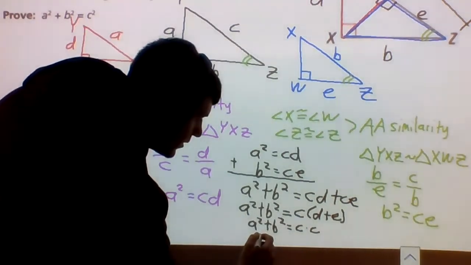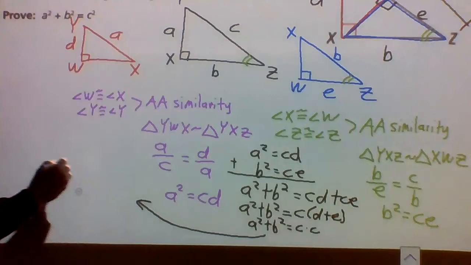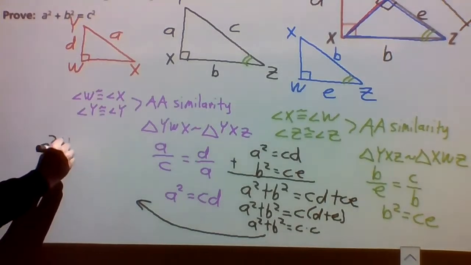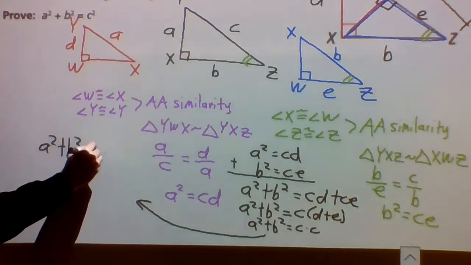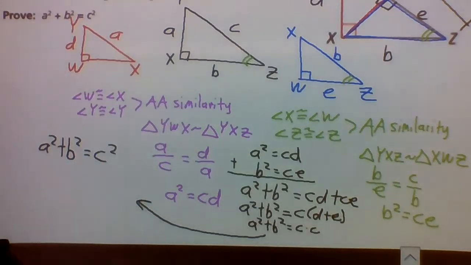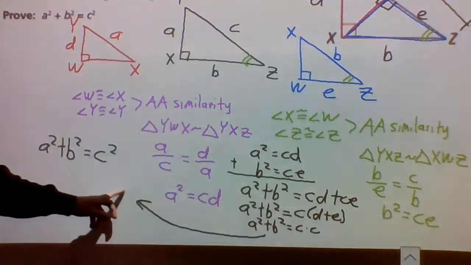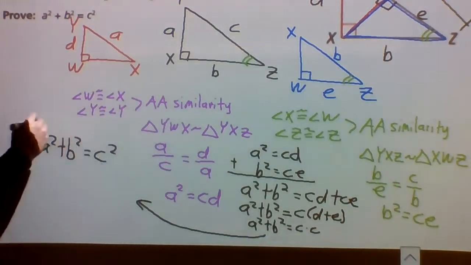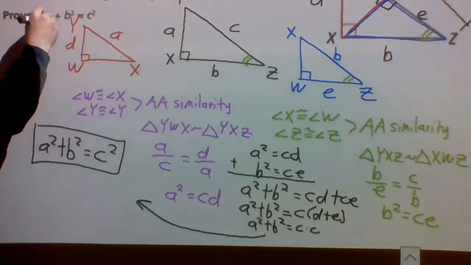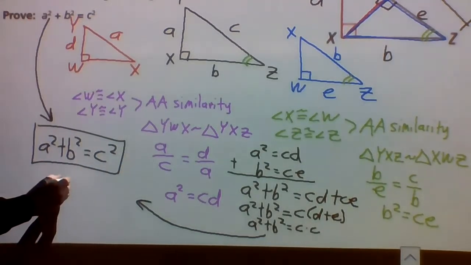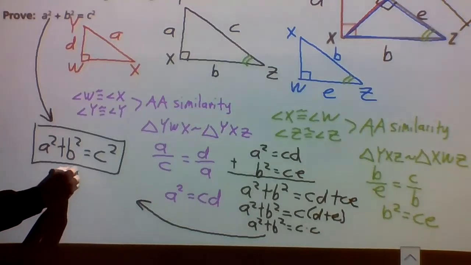So we have a squared plus b squared equals c squared. And that's what we were trying to prove. So we are done.